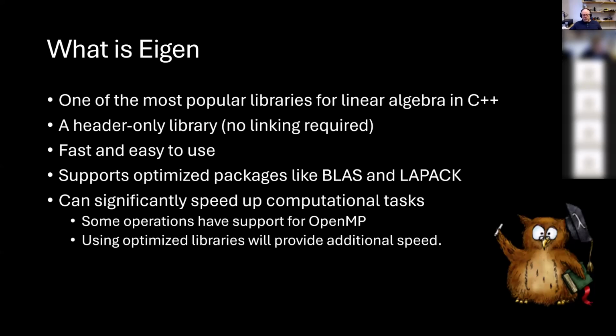Not all of them, but many of them. So when we build it on Cosmos, we build it with all the optimized libraries. So if you use Eigen on Cosmos and probably all the other NAISS resources as well, you will get an optimized version of Eigen. In this course we are not super interested in performance, so you can just install the basic packages that come with your operating system.